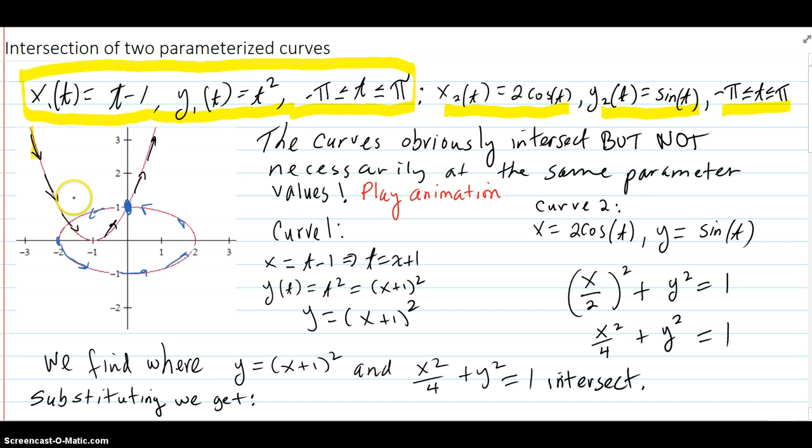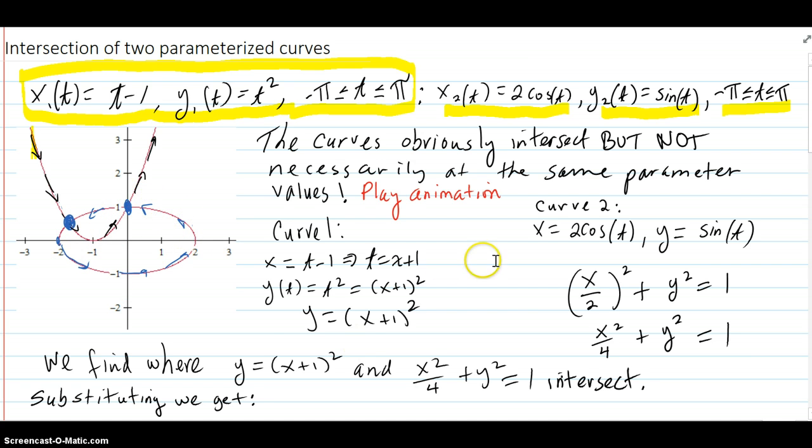The graphs intersect here, but it's pretty clear they do not collide there, as far as the trace does not collide with the other trace, because by the time this parameter has moved this curve through here, this one hasn't got there yet.